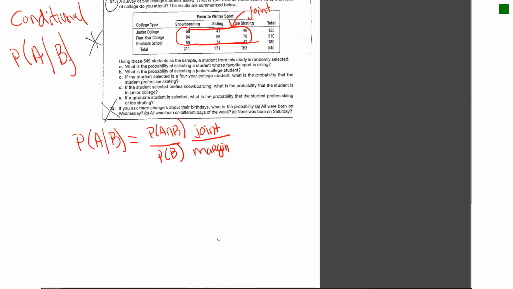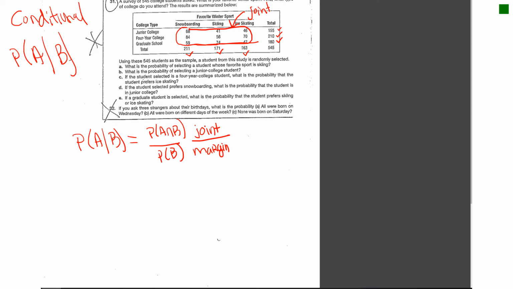You've got a marginal probability for snowboarding, for skiing, for ice skating, and also for being in junior college, four-year college, or graduate school. So you've got some joints and some margins. And typically when you deal with conditional probability, it's always going to be one of these joints divided by something in the margins. It's always joint divided by margin.